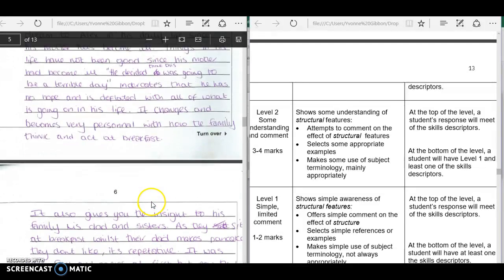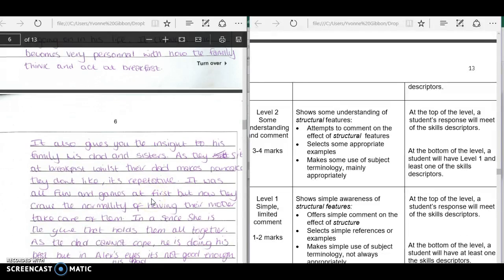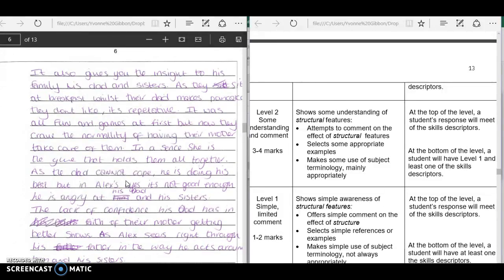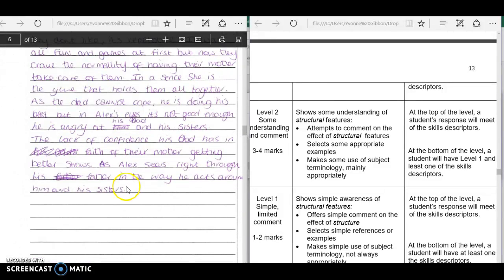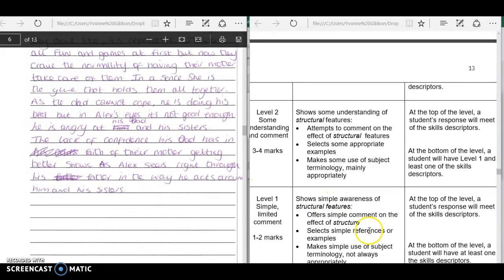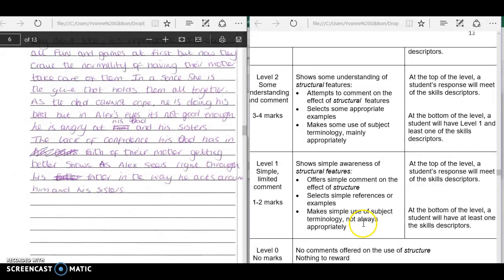You've got 1 here, and then you've talked about the food and the lack of normality and the dad making the pancakes, but again there's no quote in that bit either. So it's got to be select simple references and examples and make simple use of subject terminology, not always appropriately.